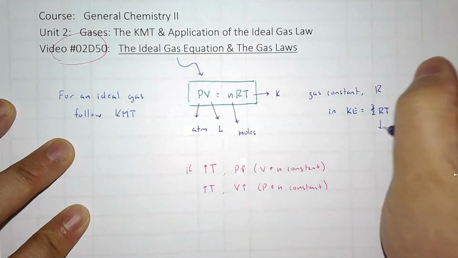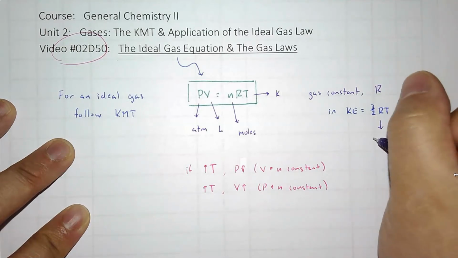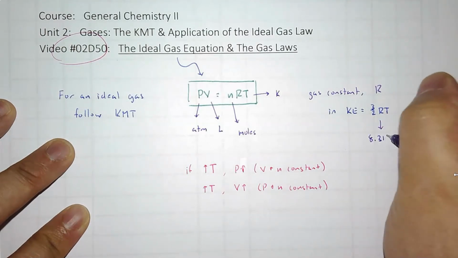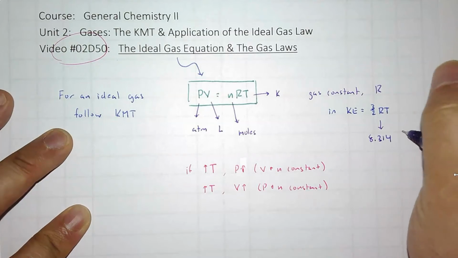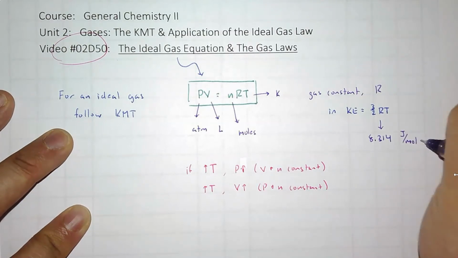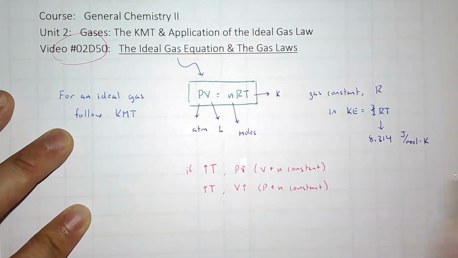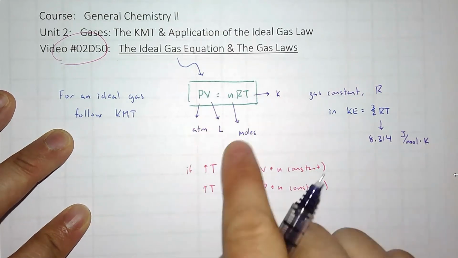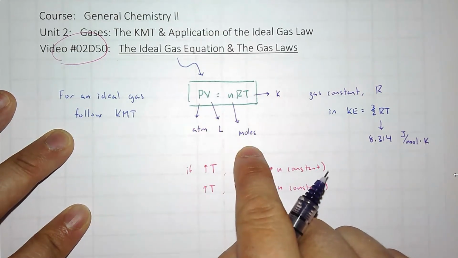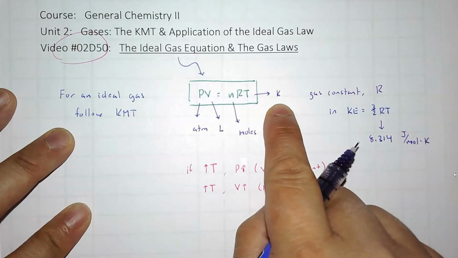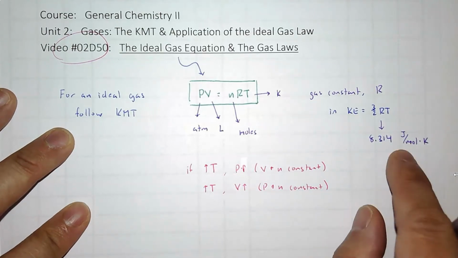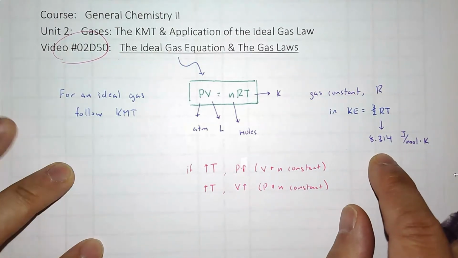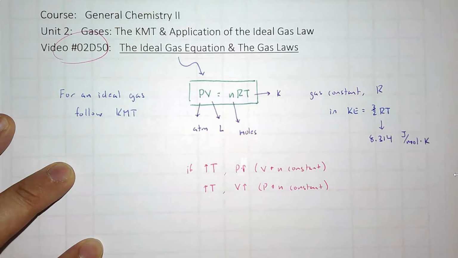R was 8.314, and the units were joules per mole Kelvin. So looking at the units of these variables, we have moles, we have temperature in Kelvin, but we don't have joules. This is not the R constant we are going to use for PV equals nRT.